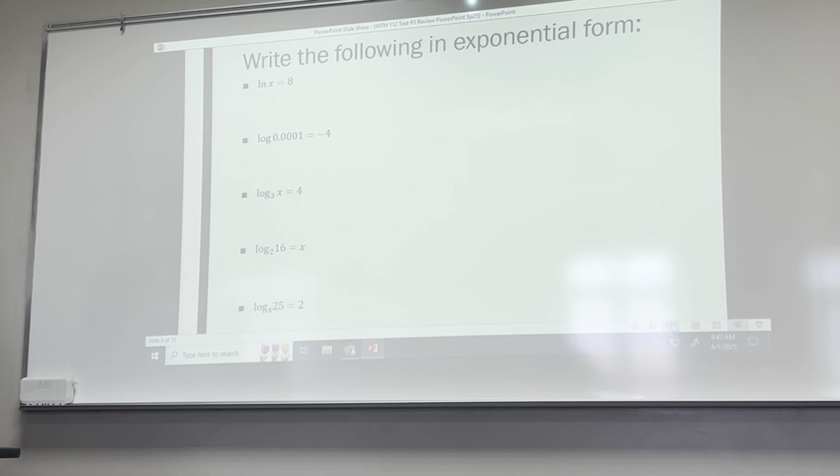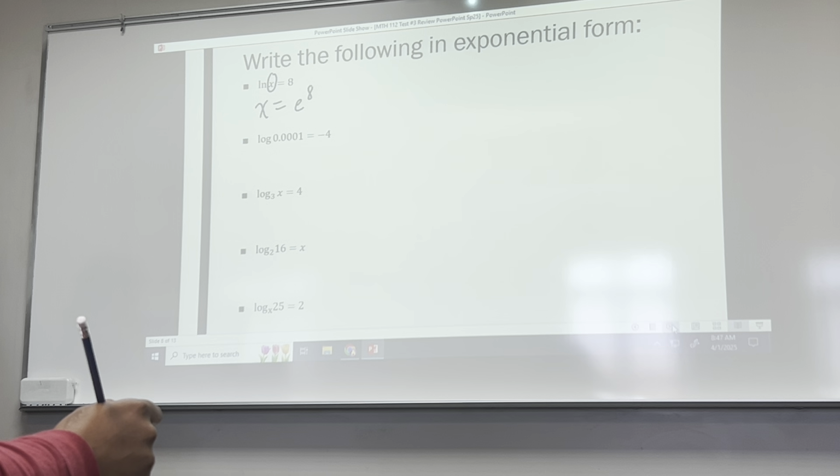In exponential form, the argument equals, ln means log base what? Ln is log base e, right? So your base is e and your exponent is a. So x equals e to the 8th, or e to the 8th equals x. Doesn't really matter which side you put which on.